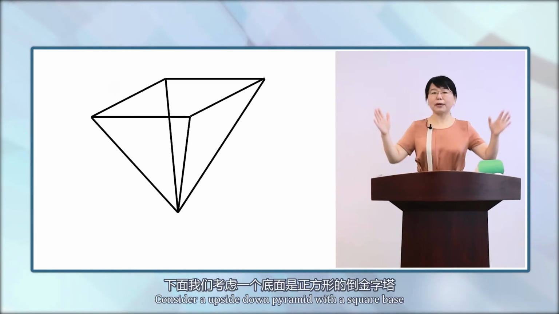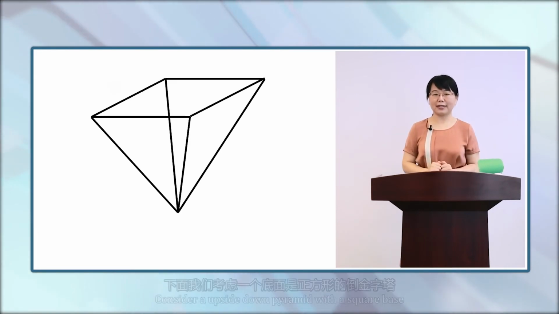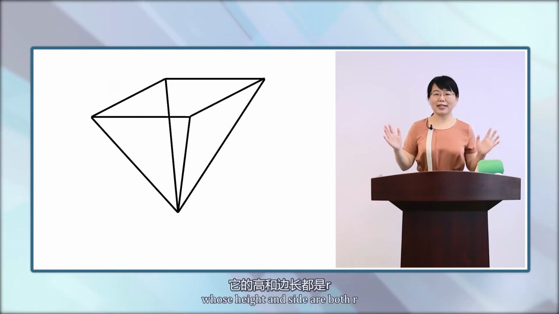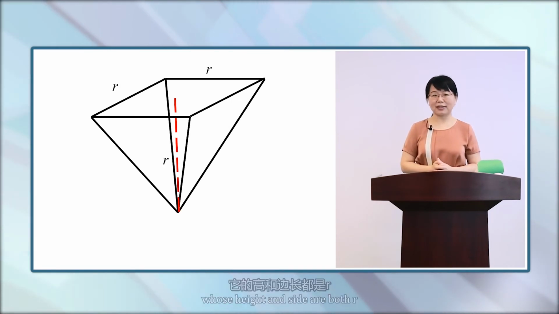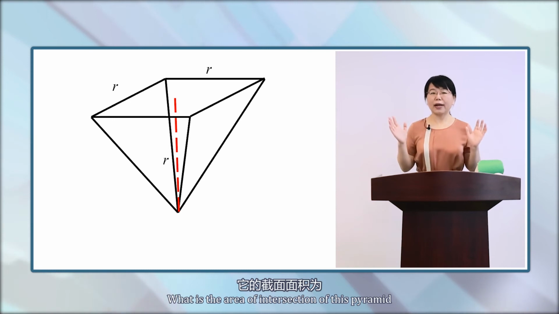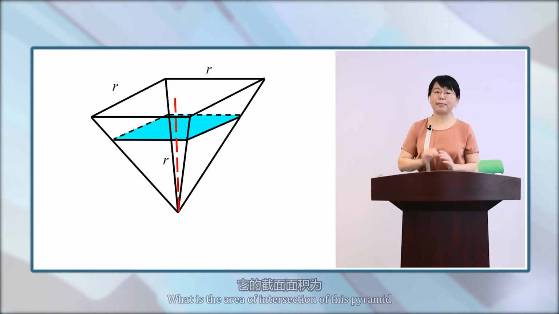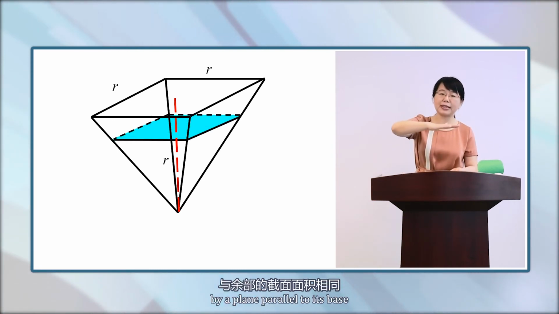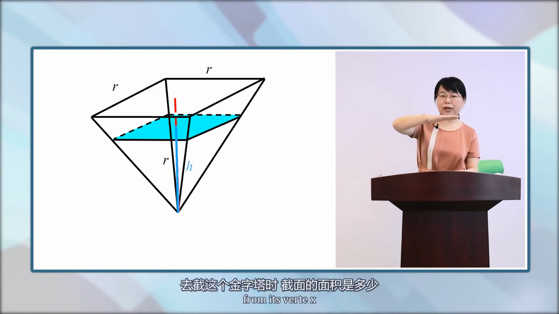It's a little bit hard. Now, let's consider an upside-down pyramid with a square base, whose height and side are both r. Now, what's the area of intersection of this pyramid by a plane parallel to its base and at a distance h from its vertex?